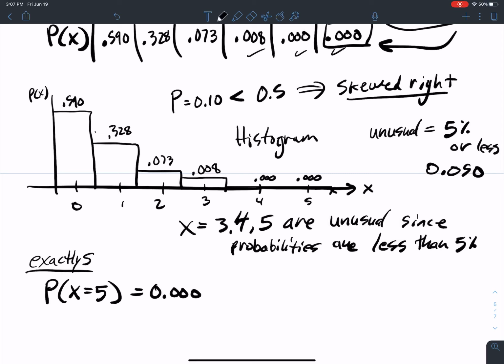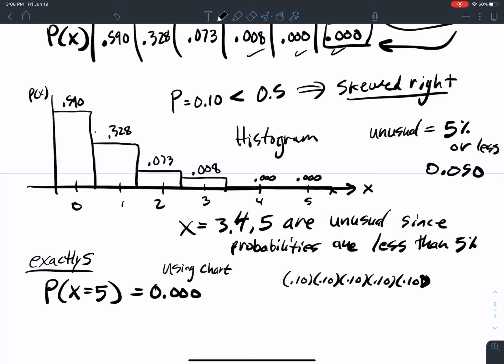Now, is it truly nothing? No, it's not truly nothing, but this is using the chart. If you think about it, remember that exactly equal to 5 means that there were 5 successes, right? So that means 0.10 times 0.10 times 0.10 times 0.10 times 0.10.